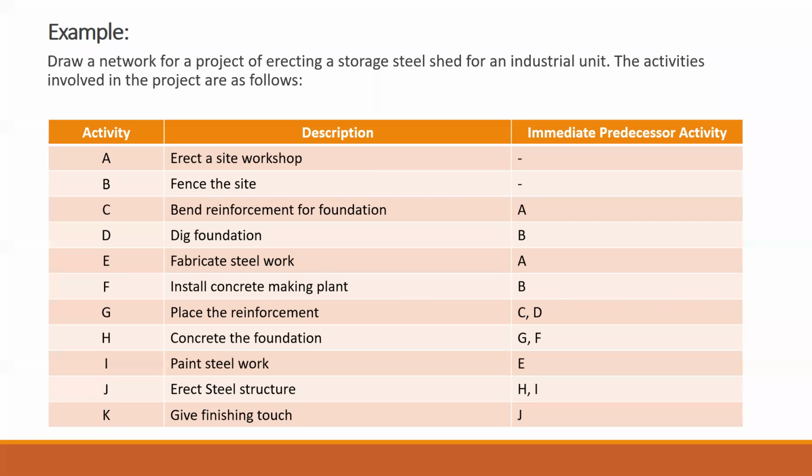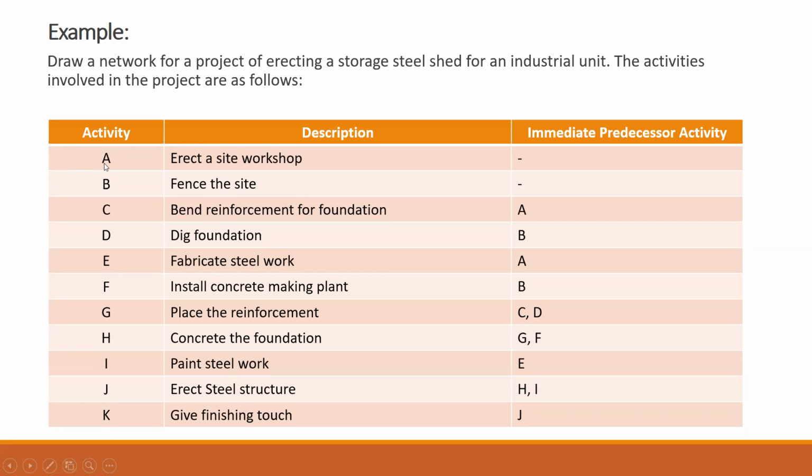Okay. So one step, if you want to follow it, is to place the preceding activities before the given activities. Like this is my given activities here. So what you can do is put this column in front of the activity column.